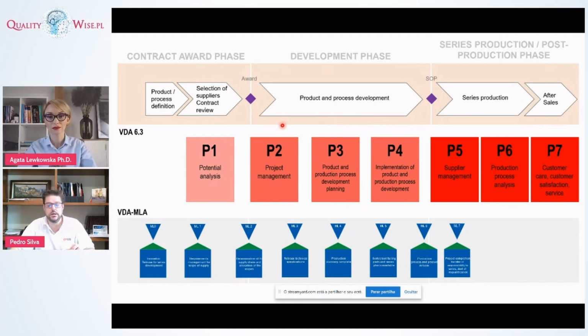Yes, that's correct, as it is correct that P5 is somehow correlated with 8.4, and that P6 and P7 will be correlated with clauses 8.5, 8.6, 8.7, 9, 10 in the IATF. But here we are auditing a specific manufacturing process that will be covered with P5, P6, P7. But to have this manufacturing process, we have to have a development phase, of course.